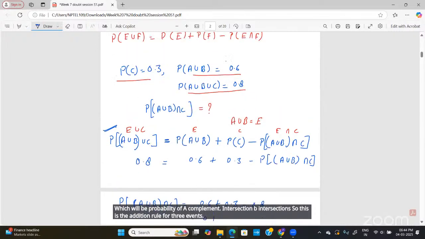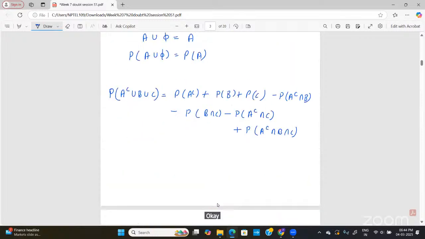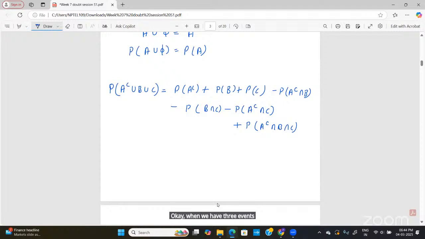So this is the addition rule for three events. This is a rule for when we have two events, and when we have three events, then we can use this formula.